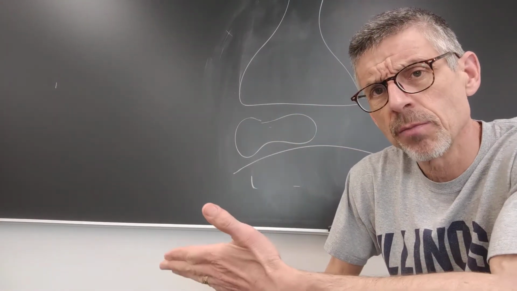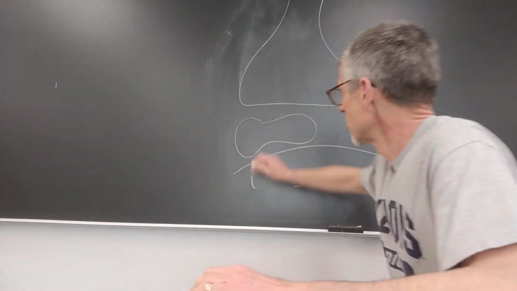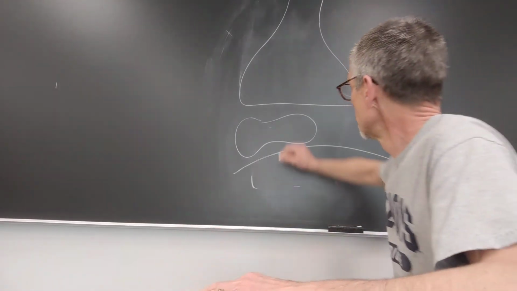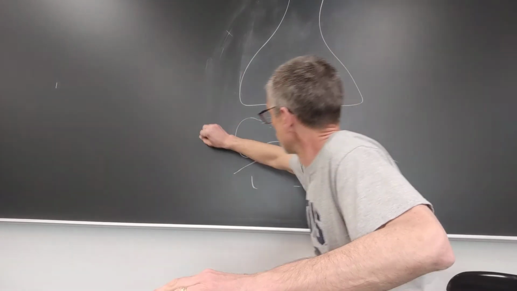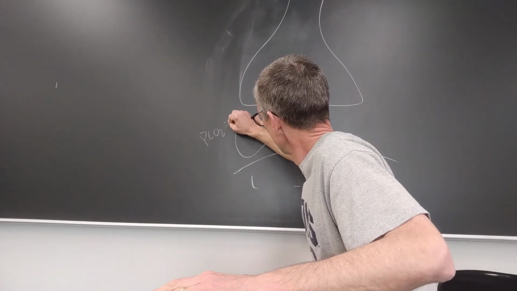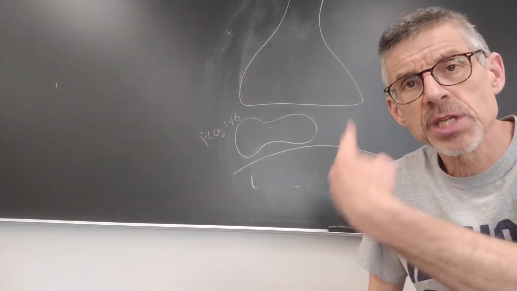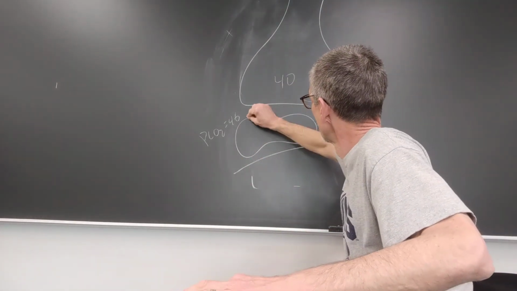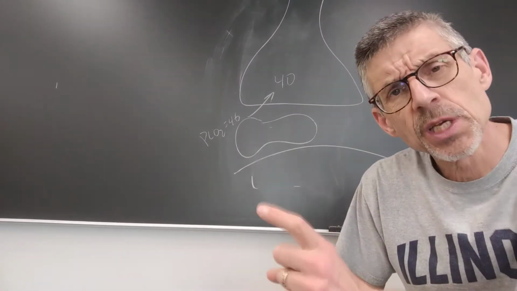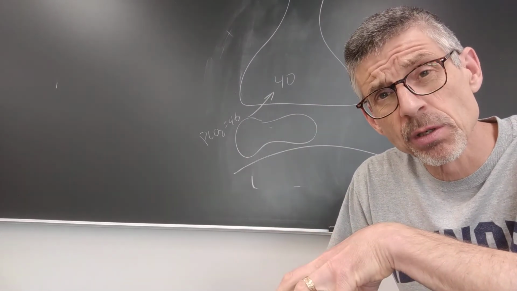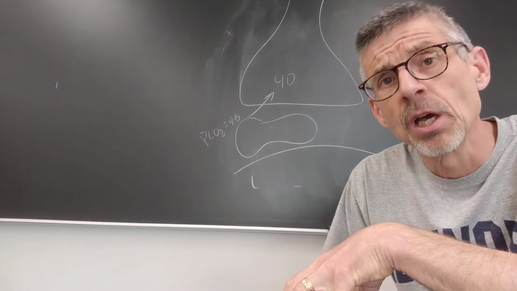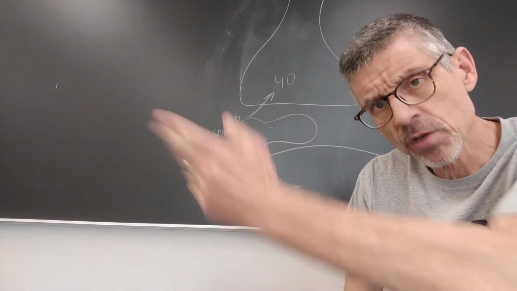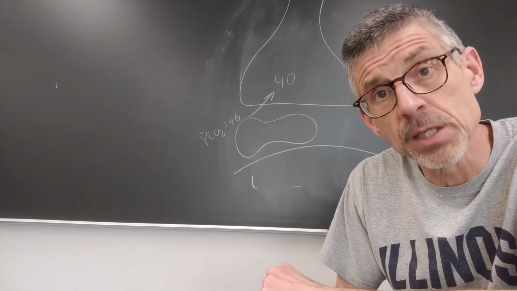And when our blood enters the pulmonary capillaries, carrying a PCO2, partial pressure carbon dioxide of 46, it encounters the alveoli with a PCO2 of 40. This is the carbon dioxide partial pressure difference that allows for diffusion of carbon dioxide from the plasma into the alveoli. So it's diffusive movement of carbon dioxide out of the blood into the alveoli.